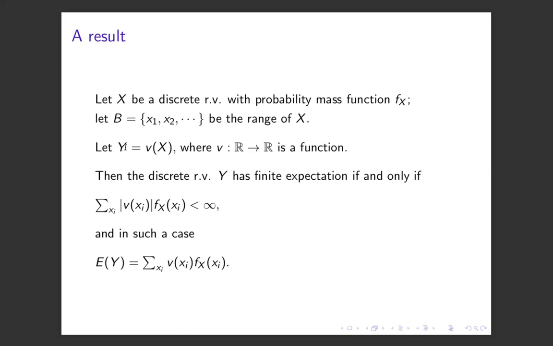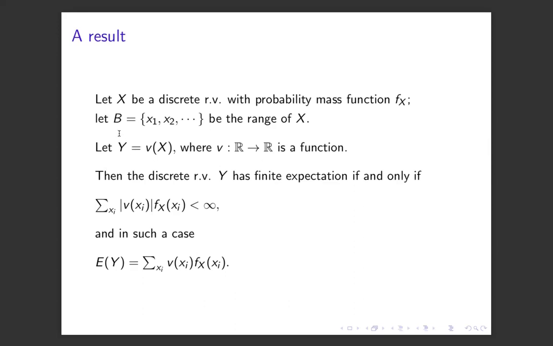It is clear that Y is a random variable, and also Y is actually a discrete random variable, because the range of Y is the image under b of at most a countable number of points. It is not a subset, sorry, that is an incorrect statement.